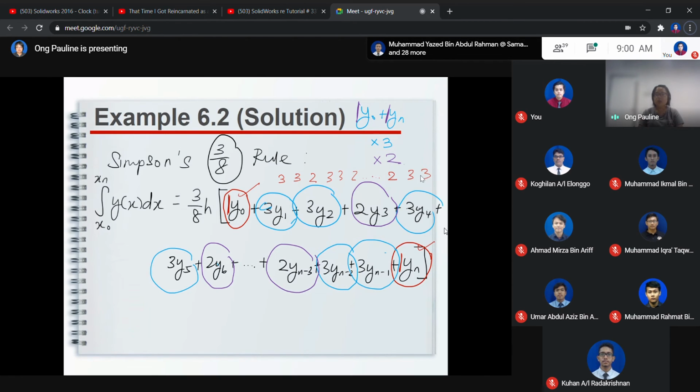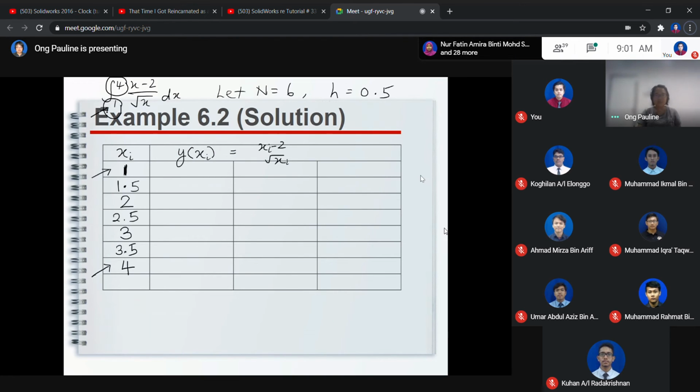Okay, so cuba kita tandakan corak ini dalam table yang kita bina tadi terlebih dahulu sebelum kita masukkan nilai supaya pengiraan tak salah. So I will have the starting point here, ending point here. Saya akan isi nilai y0 and yn here. In between, you know that the alternate pattern will be 3, 3, 2, 3, 3, 2 kan?